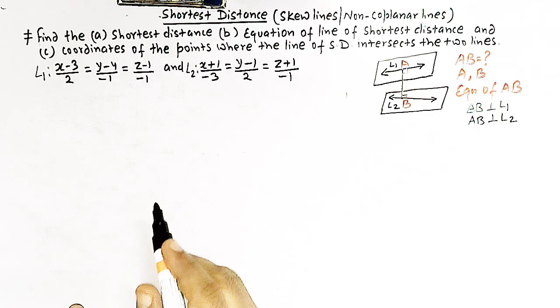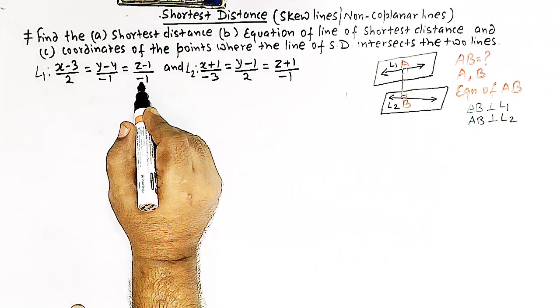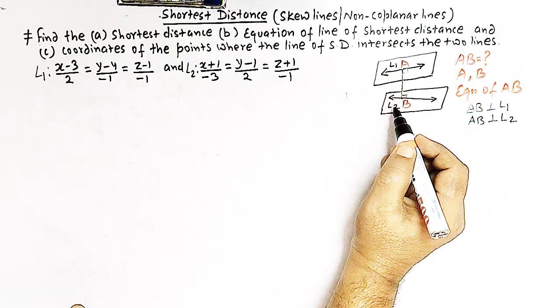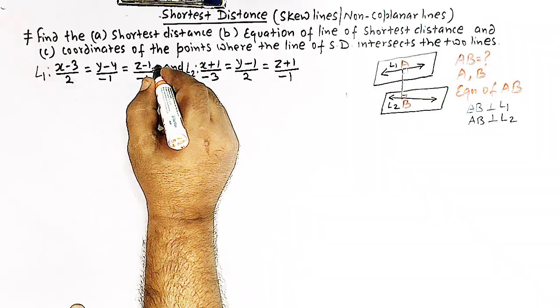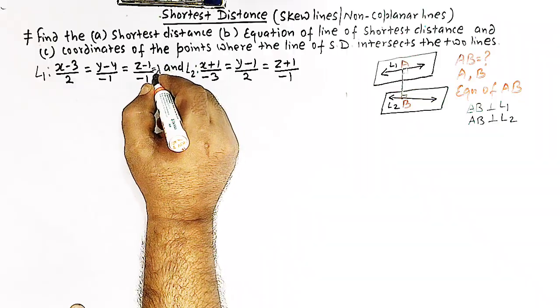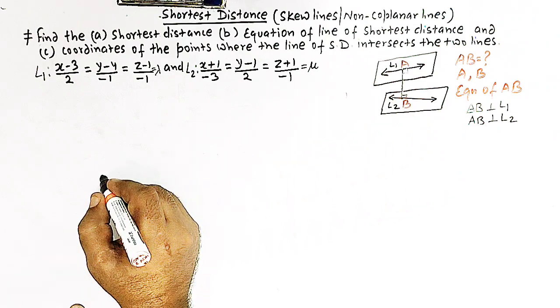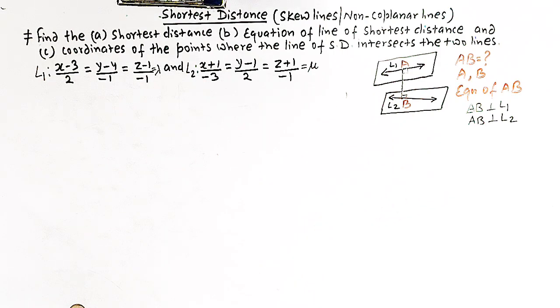Now let us find the coordinates of the general point lying on line L1 and line L2. For this we'll take the scalar lambda and the scalar mu, where lambda and mu are two real numbers.